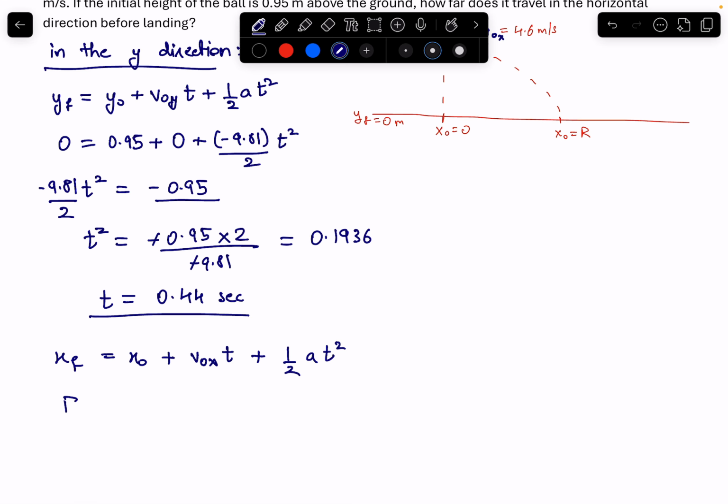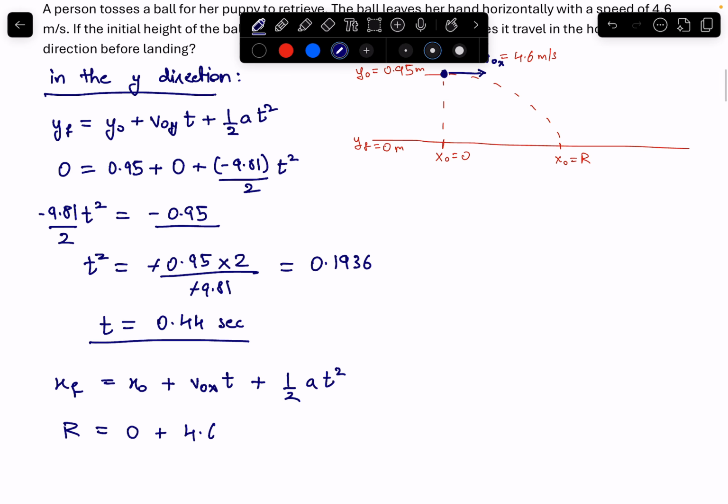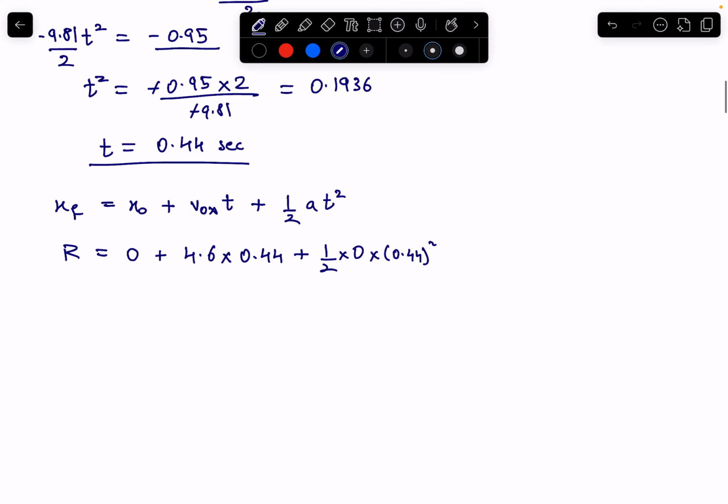Substituting the values, 0 plus 4.6 meters per second times 0.44 plus half times 0.44 square. So this is just equal to 4.6 times 0.44.